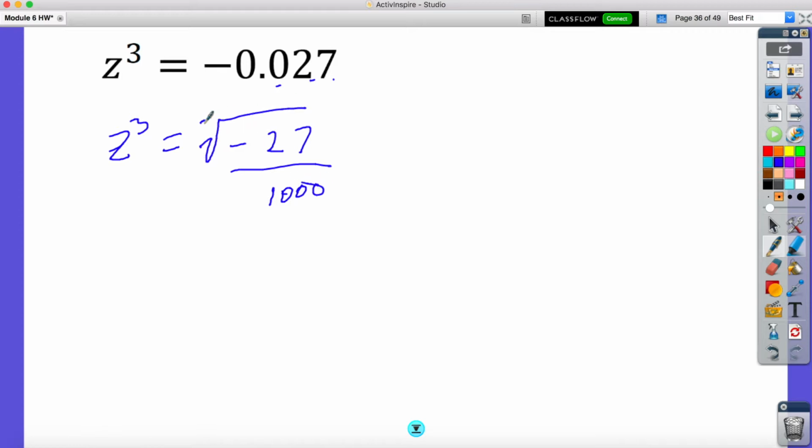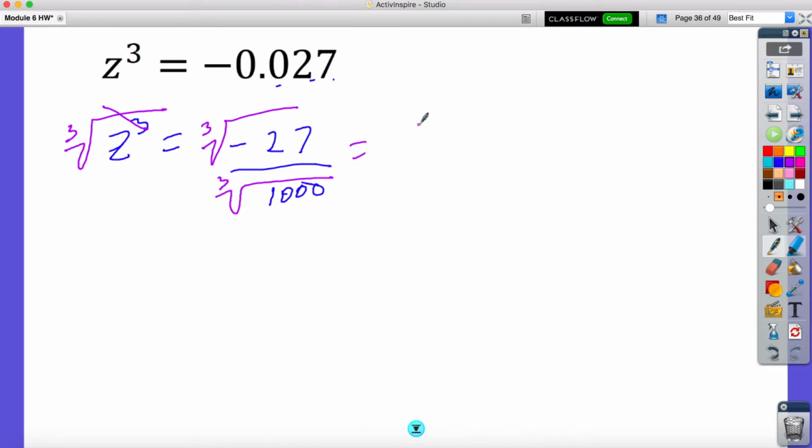And I want to take the cube root. In order to figure this out, I need to take the cube root on both sides, because just like square roots and squares cancel, cube roots and cubes cancel. So now I'm going to take the cube root of negative 27 and the cube root of 1,000.